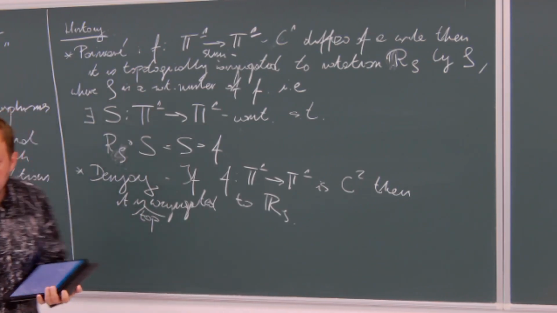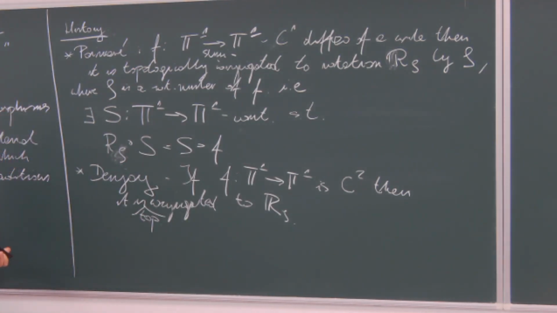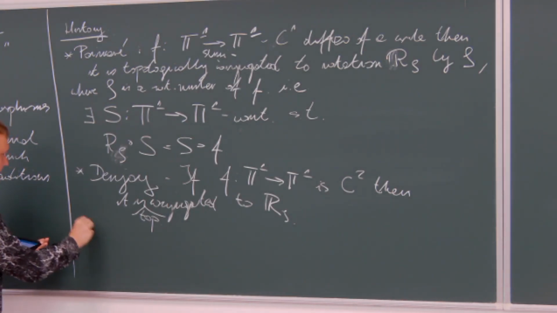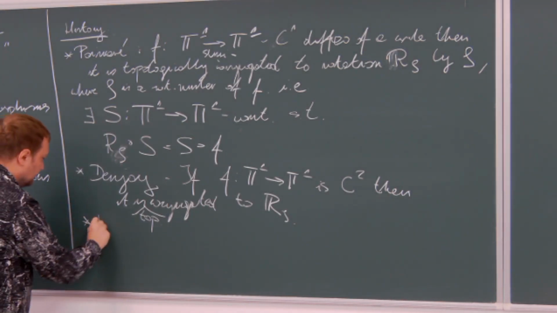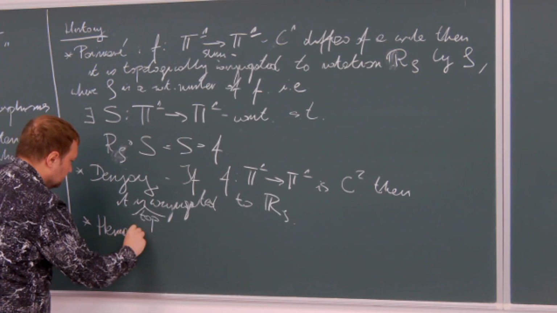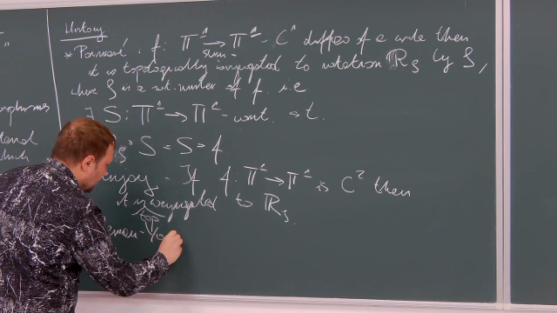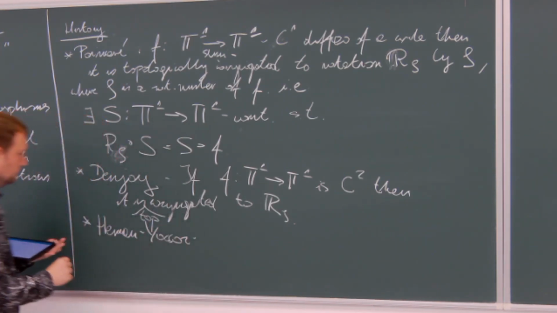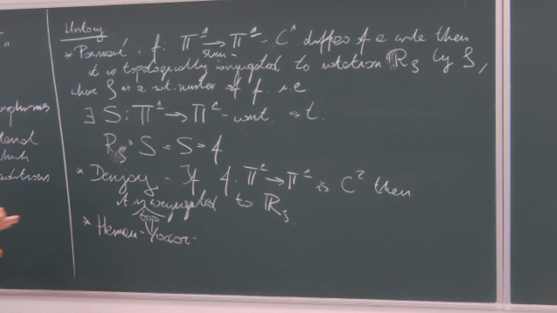But then we have the results. What happens if we actually assume something more about F? So this is a result by Herman and Yoccoz. This was proved, I think, in the late 70s or 80s even.